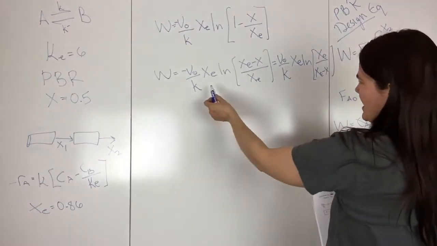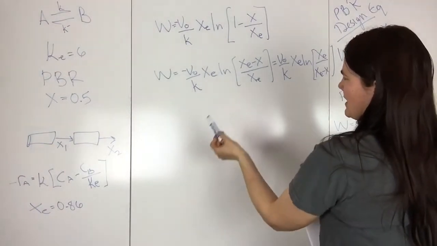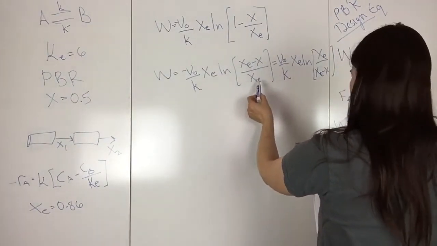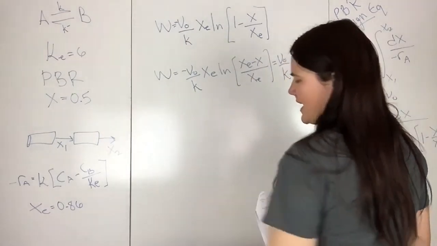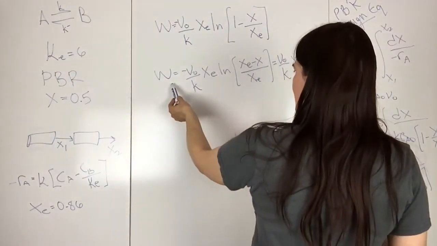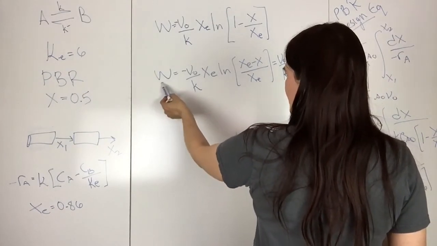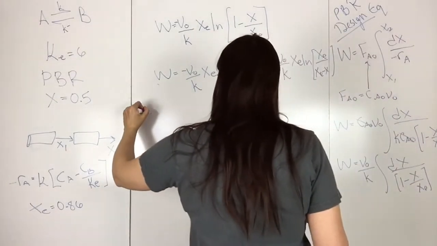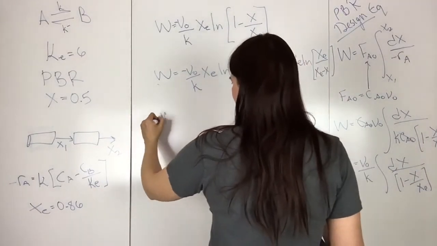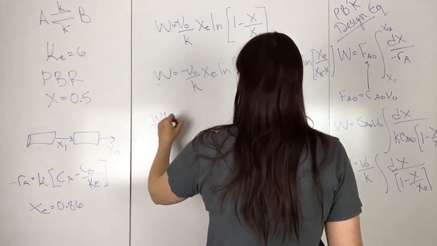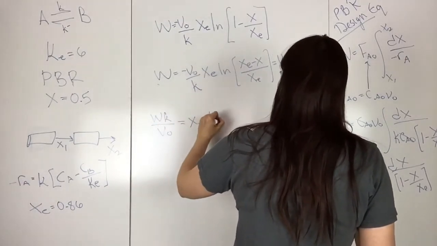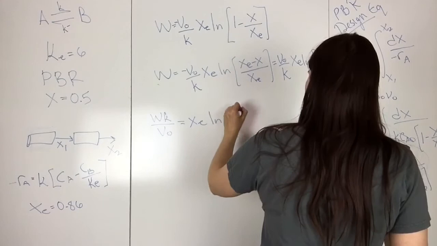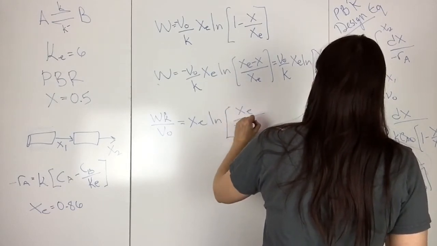And then we can rearrange this equation so we know what this is, and we know what x is because it tells us that x is 0.5 for the first PBR. And so we don't know the weight, we don't know k, we don't know V naught, so let's just multiply by k, divide by V naught, so then this is equal to Xe natural log (Xe over Xe minus x).